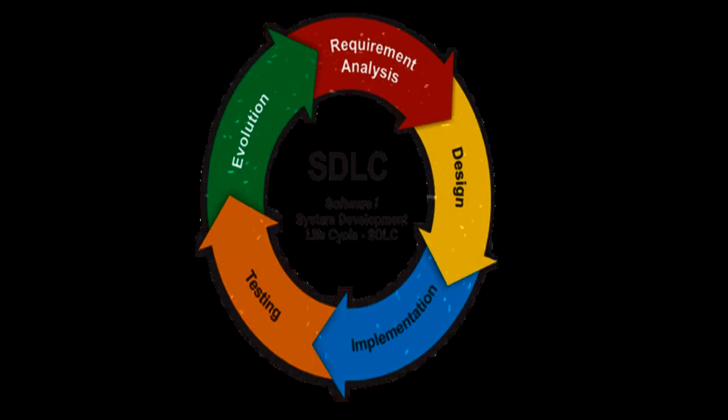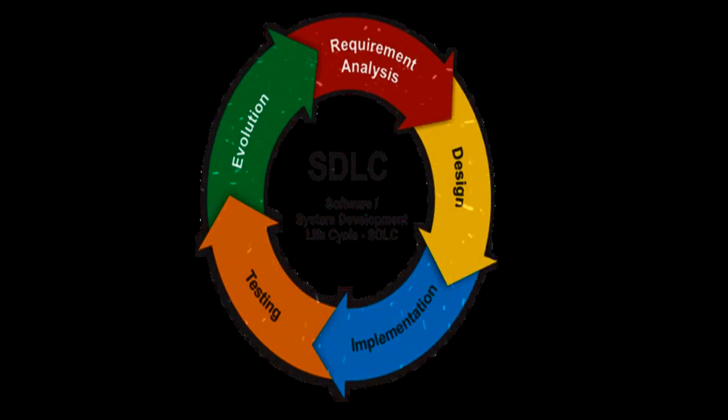What is SDLC? SDLC is a process followed for a software project, within a software organization. It consists of a detailed plan describing how to develop, maintain, replace, and alter or enhance specific software.